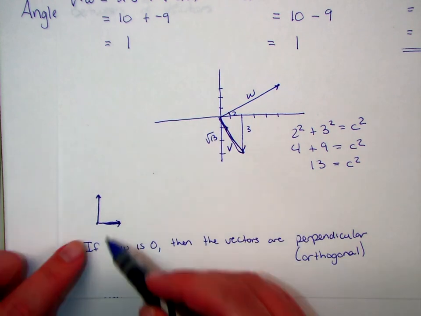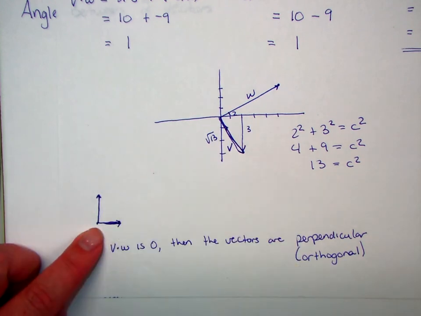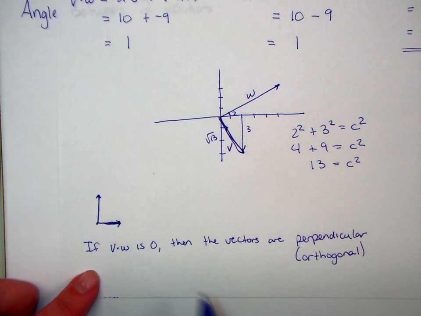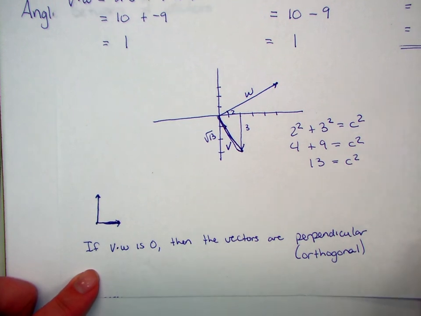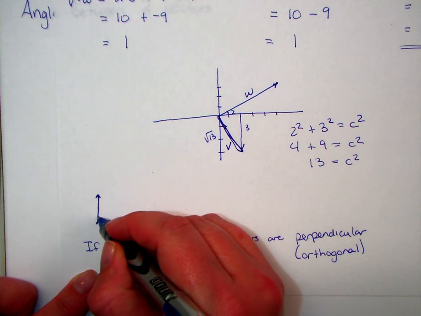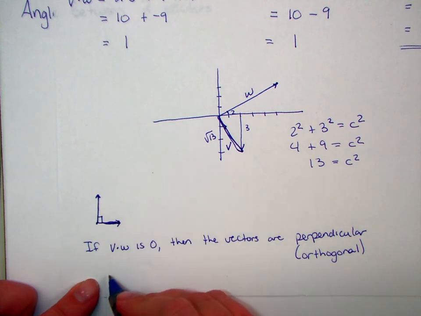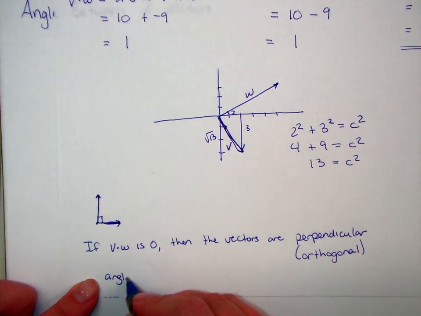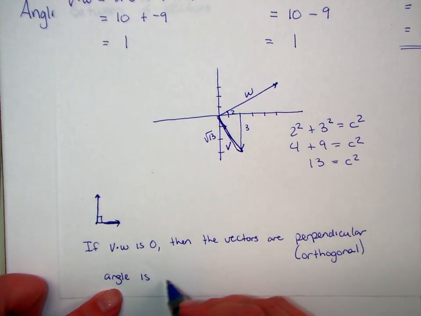If the one vector doesn't cast any shadow on the other one whatsoever, that means it's straight up and down, okay? So if the dot product is 0, then the 2 vectors are perpendicular. So if the 2 vectors are perpendicular, what's the angle in between them? Okay, so then angle between the 2 vectors, 90 degrees, right? It's a right angle, okay?